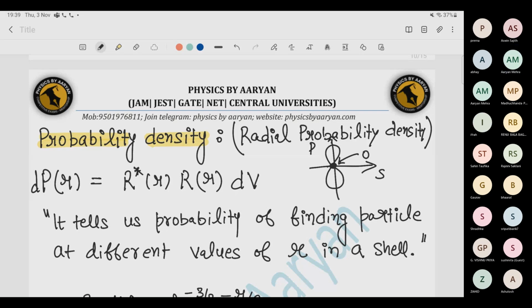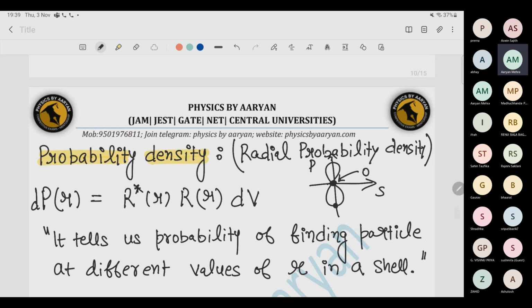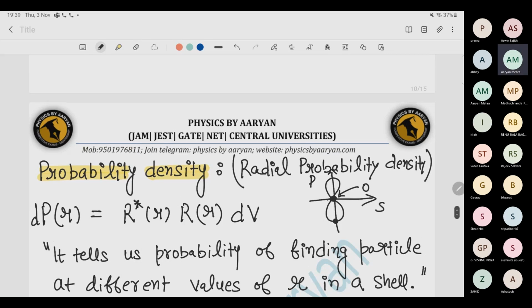Now there is one thing you should always think about. What is the probability here at the bottom? Is it negative? If this is 0, then this should be negative. No, sir.